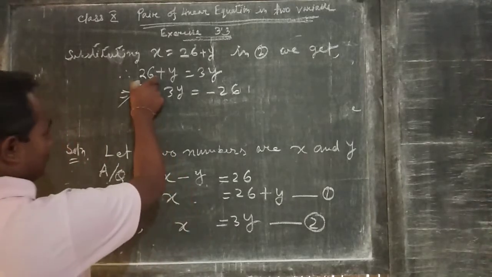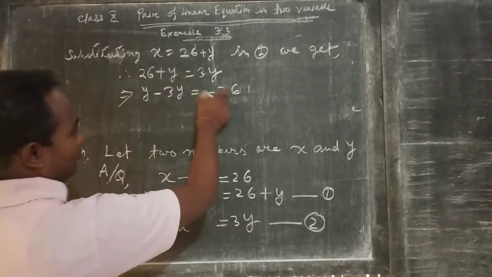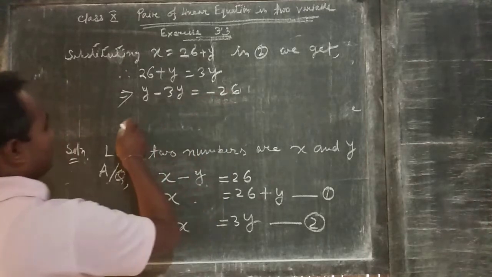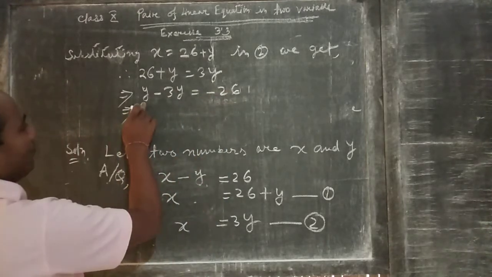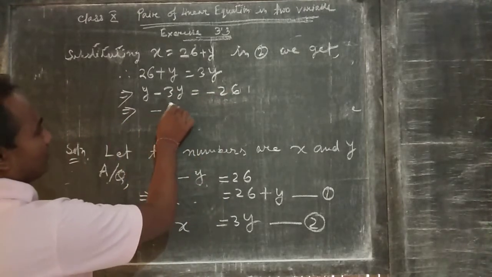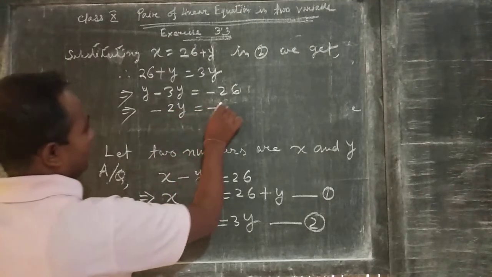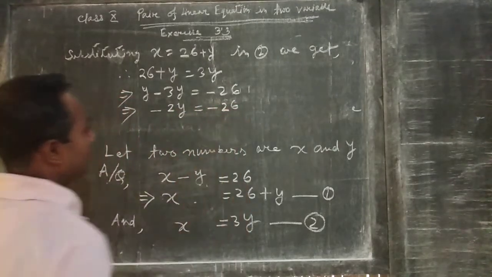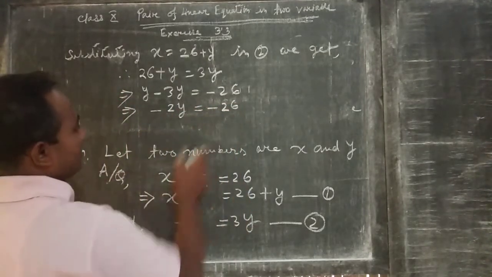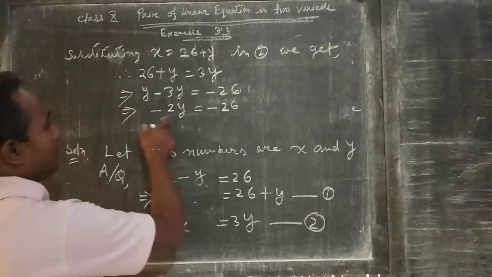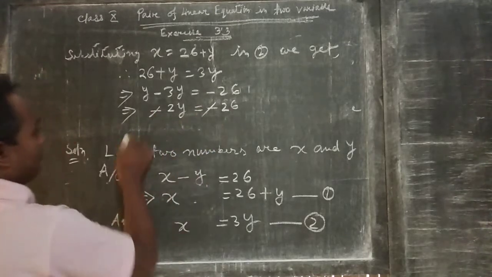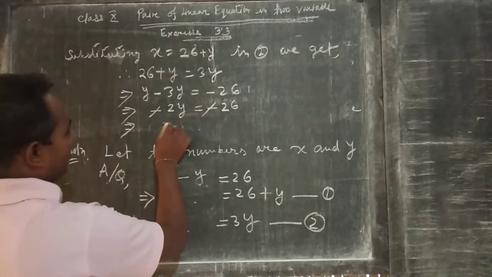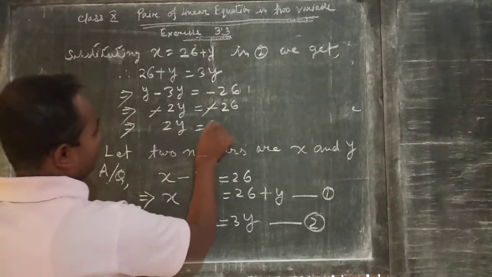And 26 has a plus sign here, so it will get a minus sign. Then y minus 3y gives minus 2y, and here minus 26, and both sides have the minus sign, so the minus sign will cancel out. Then we are getting 2y equals 26.